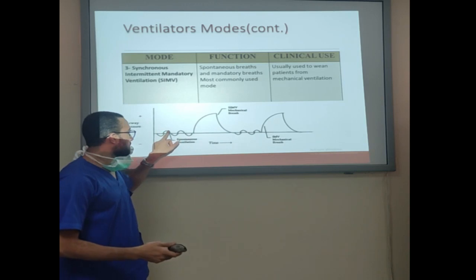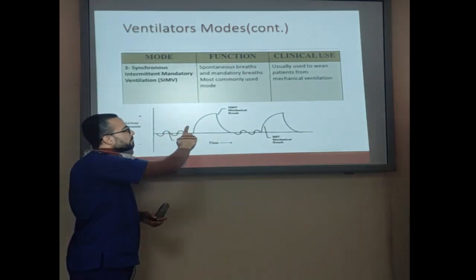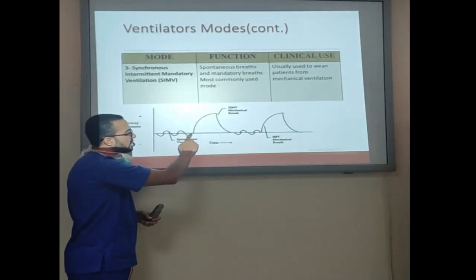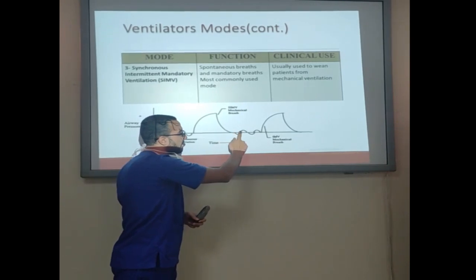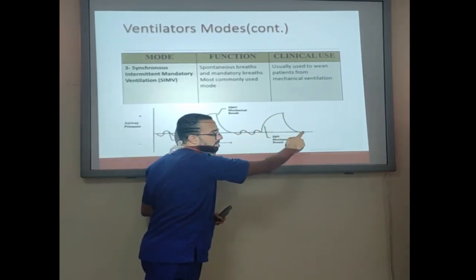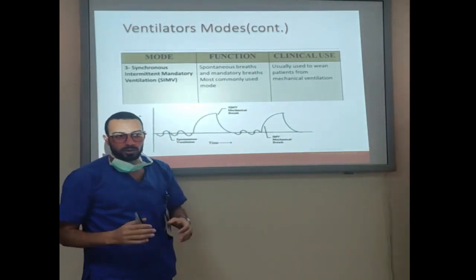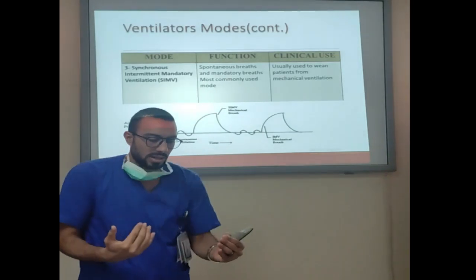So triggering, another triggering. You see, it's a very weak effort of breathing for the patient. He cannot make it like this. And at a specific time, the ventilator will give the breath. And then again, a little trial, another trial, then the ventilator will give totally. So it's time cycled, it's synchronized, it will try to synchronize with the patient.